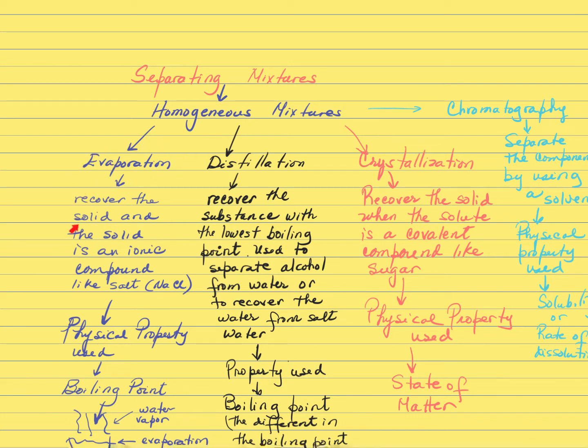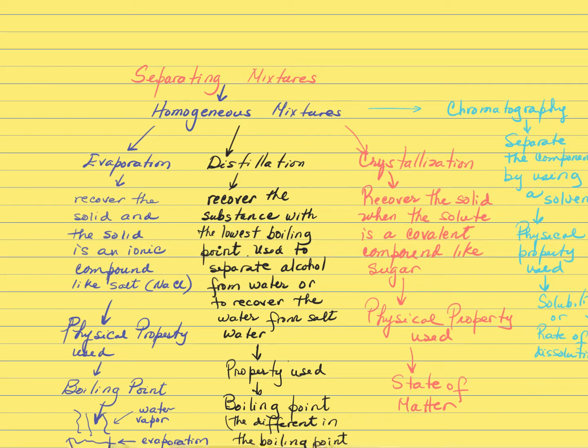When you want to recover the solid in that solution, and that solid is an ionic compound. What is an ionic compound? A compound that is made of a metal and a non-metal. So for example, when you have salt dissolved in water, you're going to be able to recover the salt by evaporation. Why?